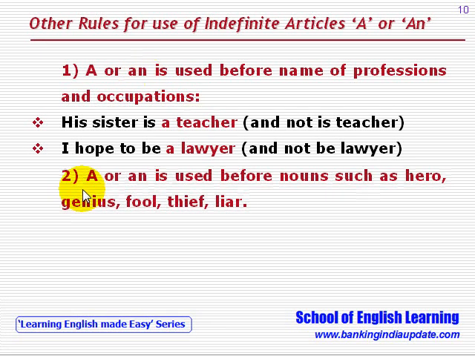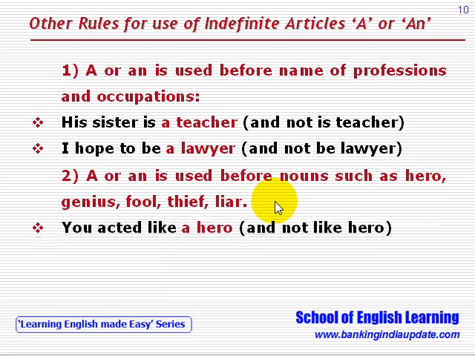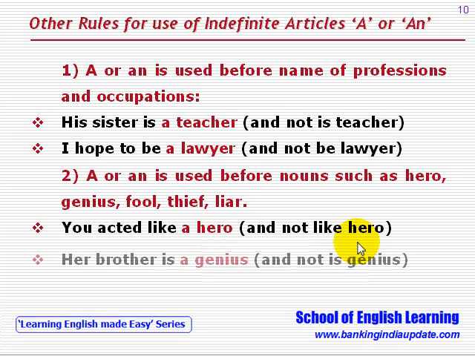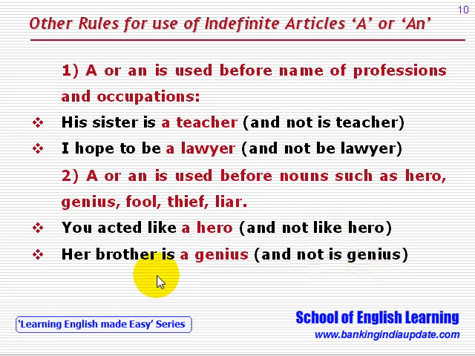Number 2. A or an is used before nouns such as hero, genius, fool, thief, liar. You acted like a hero. We will not say like hero. Her brother is a genius.